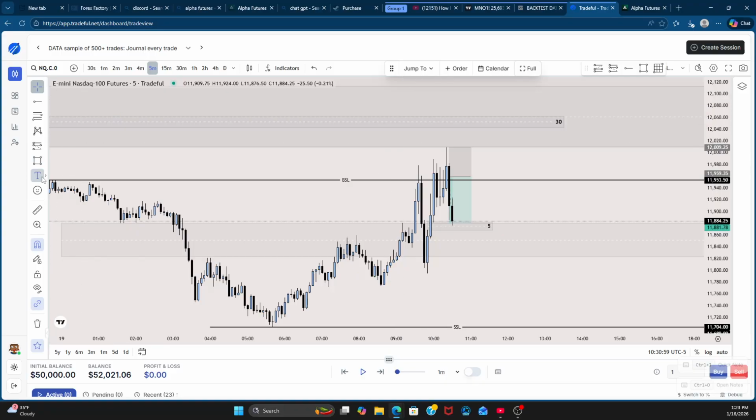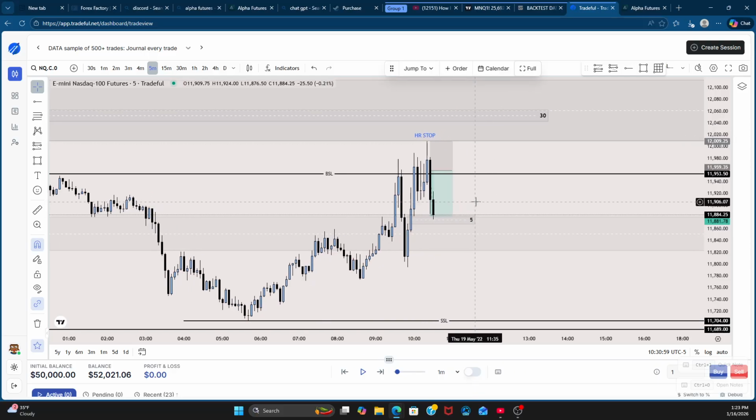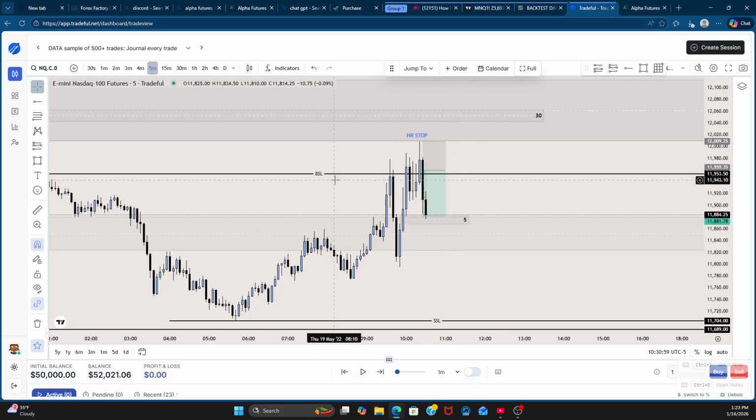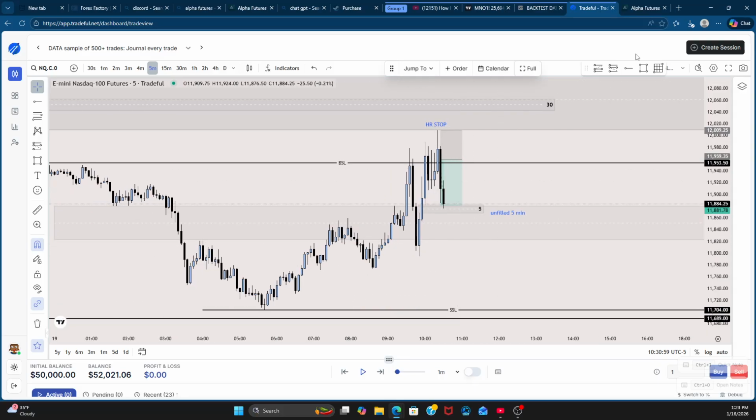We can say that this is high resistance, so we have a high resistance stop. Then we'll say unfilled 5 minute, because I thought maybe we want to tap into this and then continue to go higher. We can say this too.